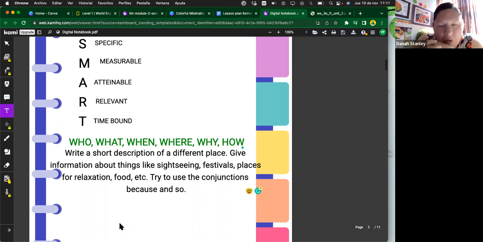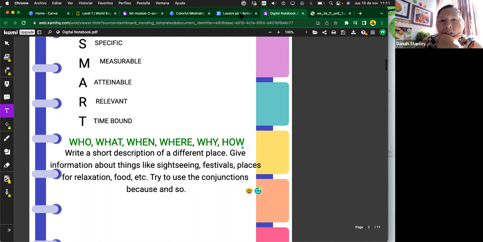Okay, it's writing, okay? At the end of the lesson, students will be able to write a description of a known place or a place they would like to visit using conjunctions like so and because, okay?